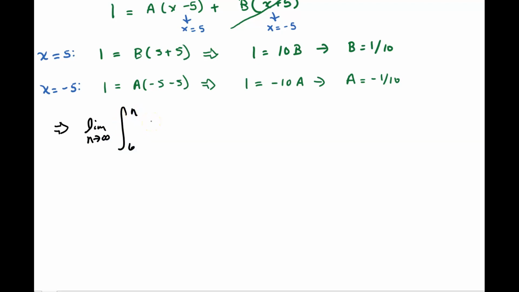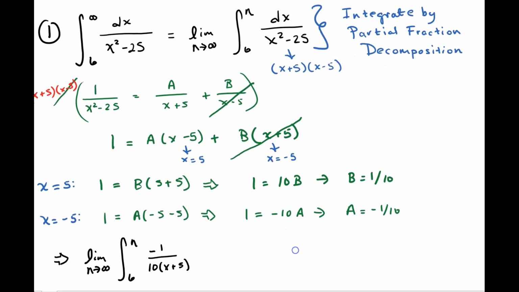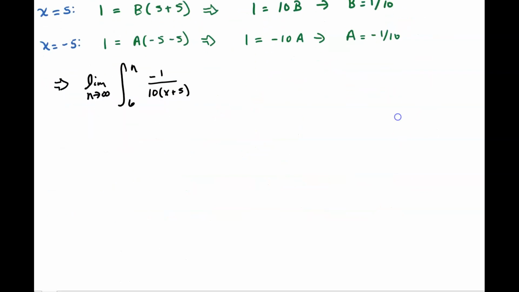In this case, a was negative 1, so I'm going to put negative 1 over 10 times x plus 5, from back over here when we broke it up. And then plus 1 over 10 times x minus 5. Again, that's the b component there. And of course, we cannot forget dx.